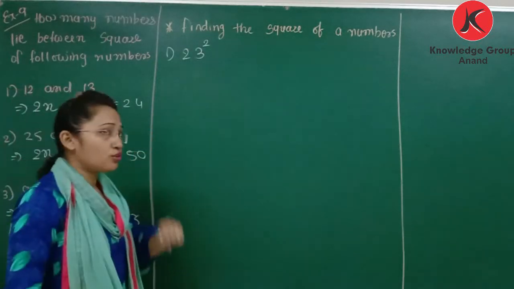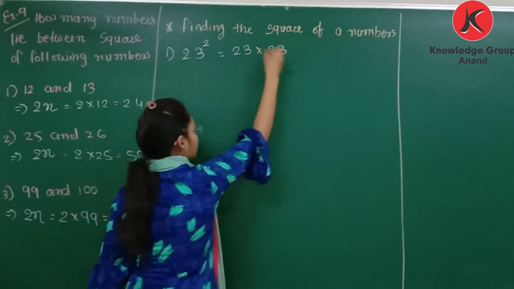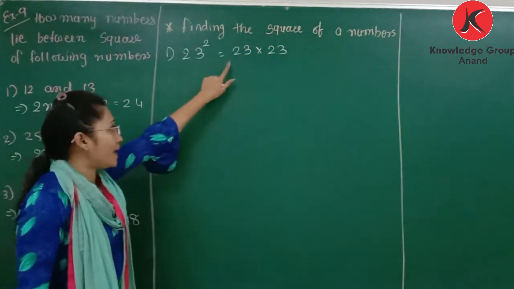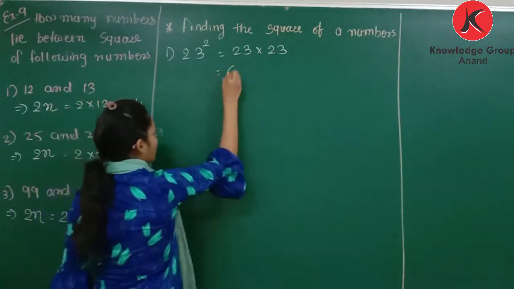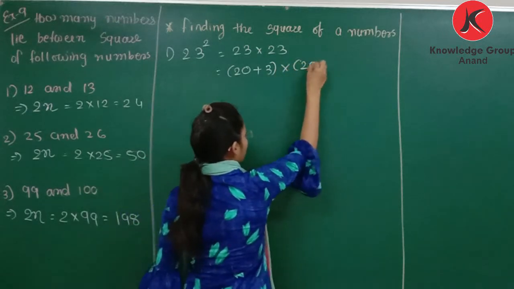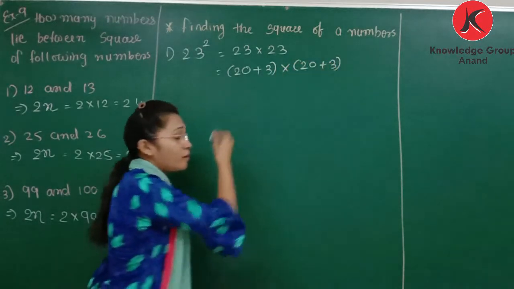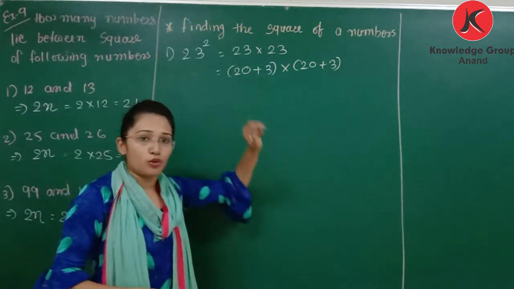So 23 can be represented as 23 multiply 23. Now 23 square means 23 multiply 23. 23 can be represented as 20 plus 3 multiply 20 plus 3. Do you remember any rule that we learned in the previous standard? It is the distributive property.